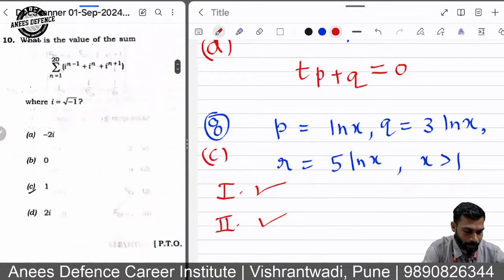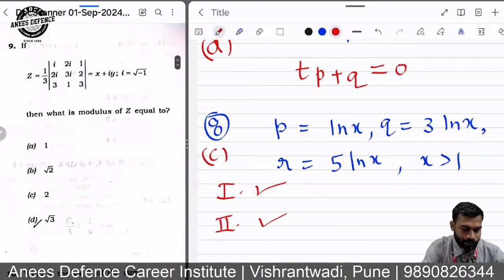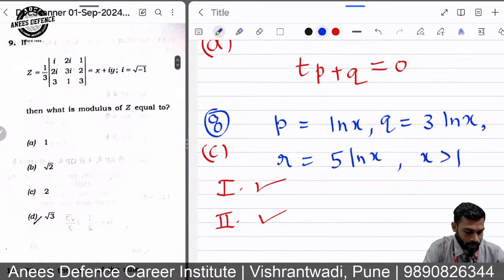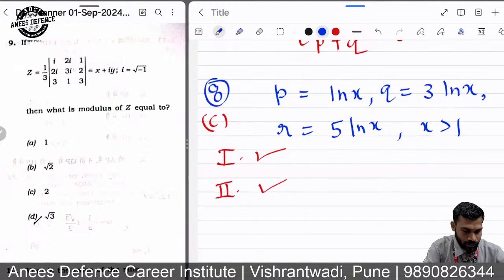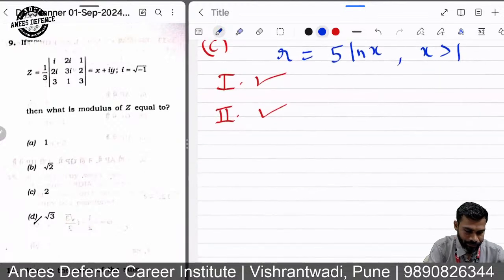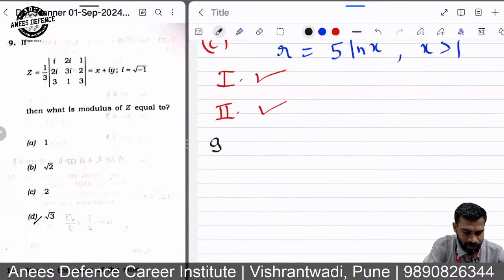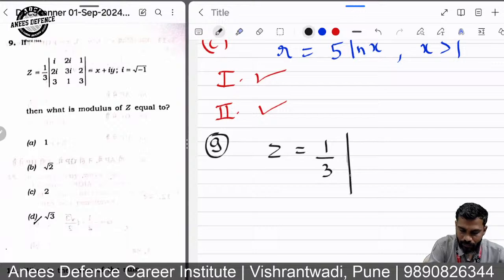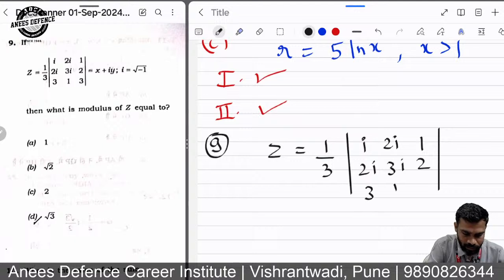Number 9. Question number 9. We can simplify this very easily. So Z is equal to 1 by 3 times the determinant with rows i, 2i, 1; 2i, 3i, 2; 3, 1, 3.